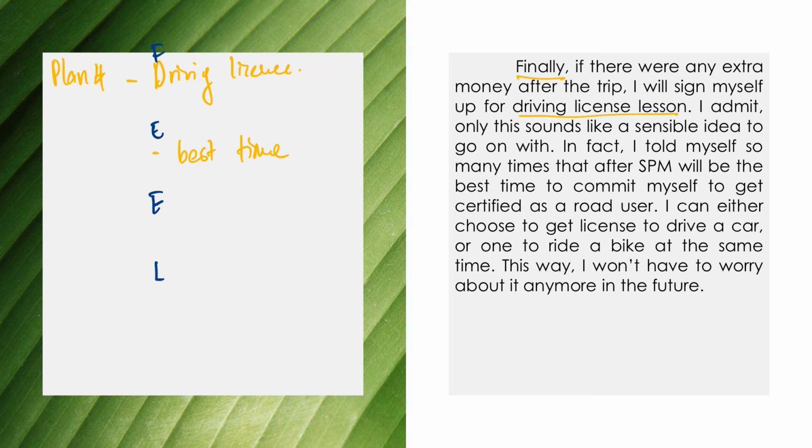And then for example, I put car or a bike. This way I don't have to worry about it anymore in the future. There's no link here because I'm not going to continue. I'm going straight to the conclusion right afterwards.